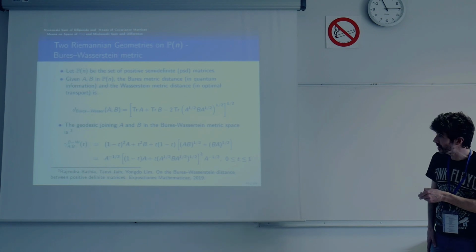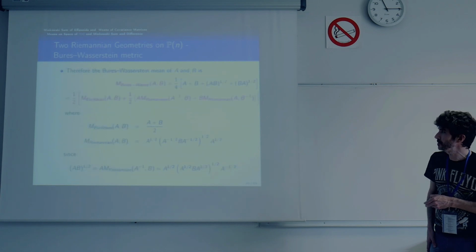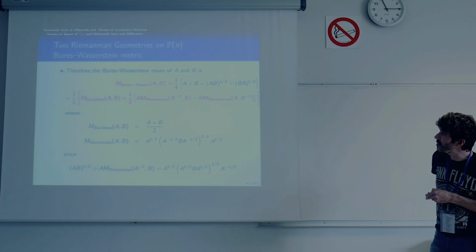They study, starting from the distance, the corresponding sub-Riemannian geometry, and when they have the geodesic, again, they can define the mean between two of them. And it is interesting on this geometry to see how this mean between the two of them can be rewritten.